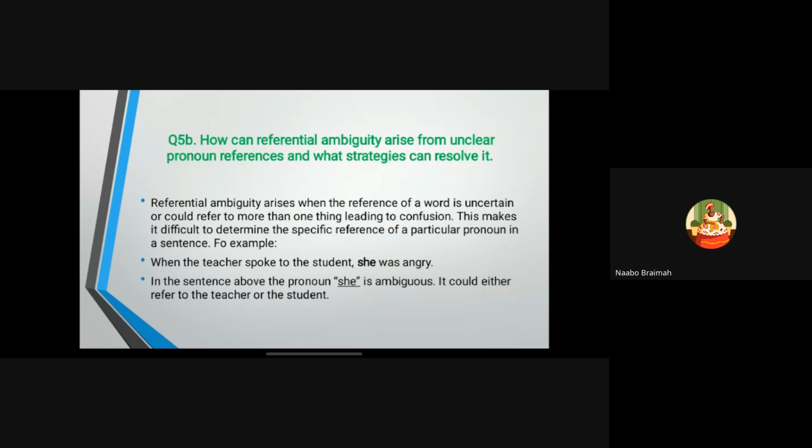This makes it difficult to determine the specific reference of a particular pronoun in a sentence. So we have 2 examples that we want to look at. The first one says that when the teacher spoke to the student, she was angry. In the sentence above, the pronoun she is ambiguous because it could either refer to the teacher or the student. Next slide.